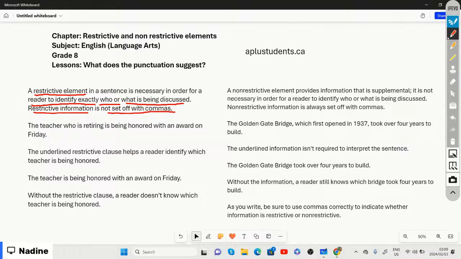So a restrictive element is necessary within a sentence so that we can identify exactly who or what is being discussed, and it is not set off with commas.